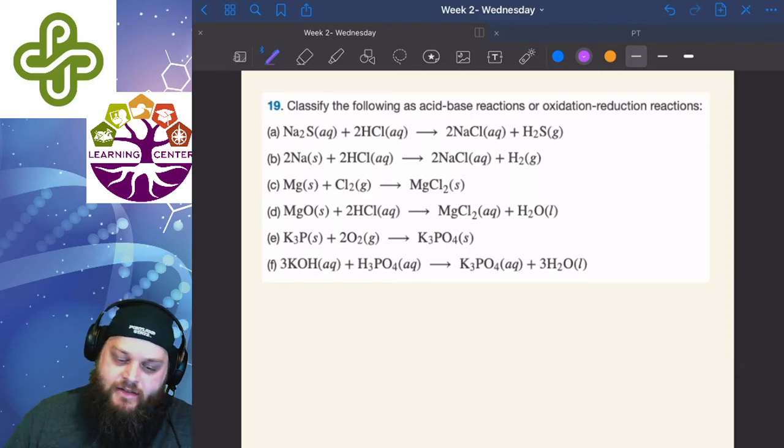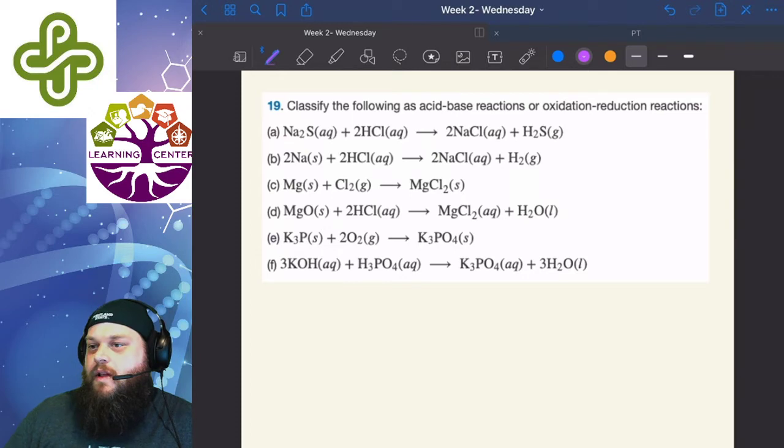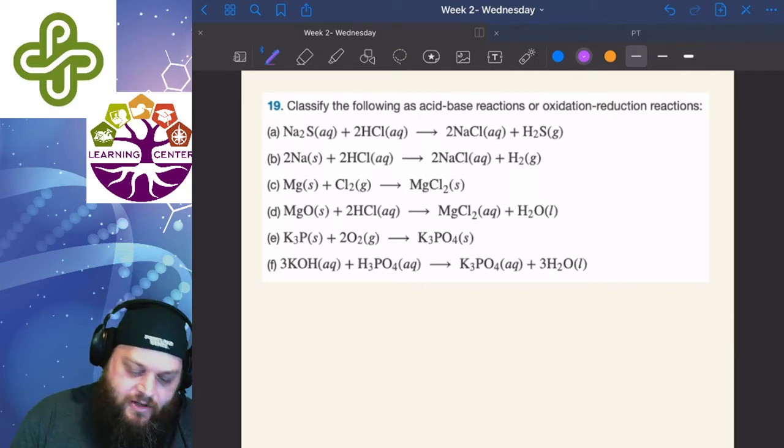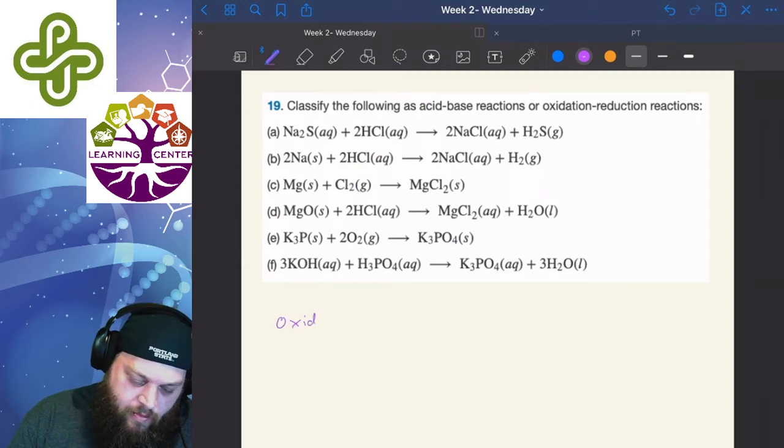And for the oxidation-reduction reactions, you're really looking at whether you have a change in charge going on at the atomic level. So if one of the atoms in there is changing from neutral to an ionic charge, neutral to a plus or neutral to a minus, we have oxidation or reduction happening. How I remember which is which: oxidation means it loses electrons.